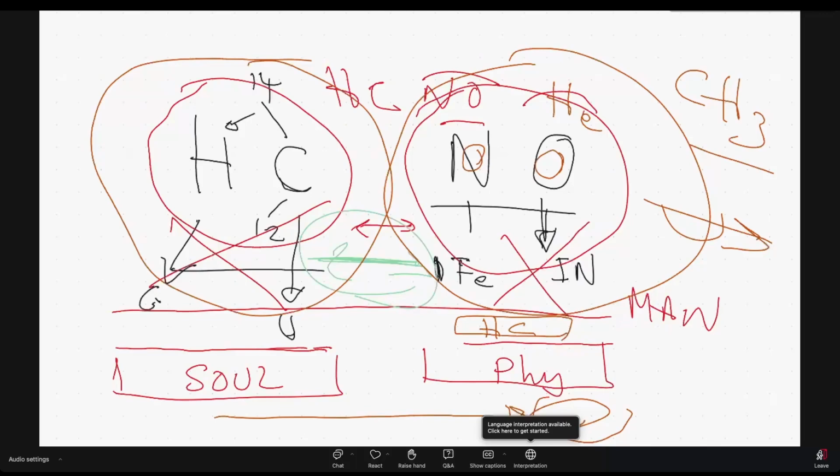Then we need to understand how the life of the creator has blown within the soul of the man. Then we'll see how things take shape.